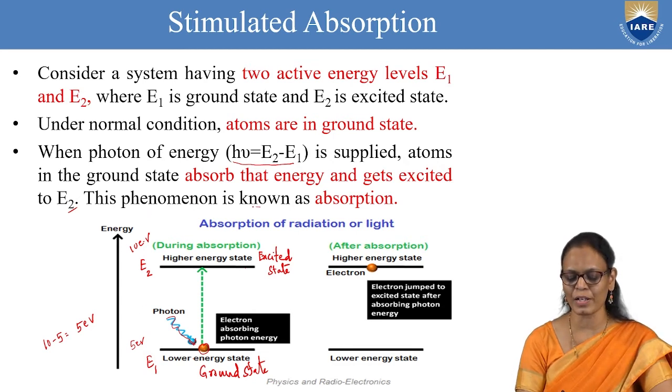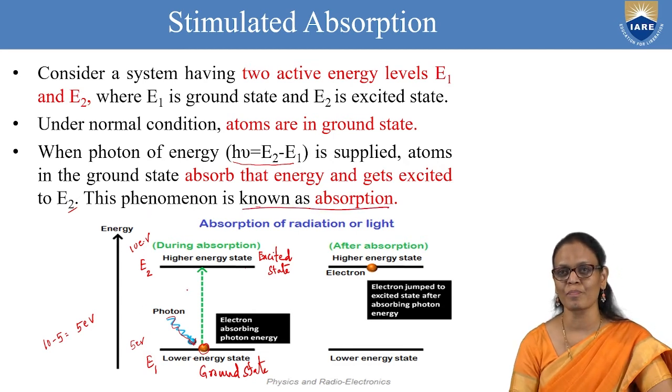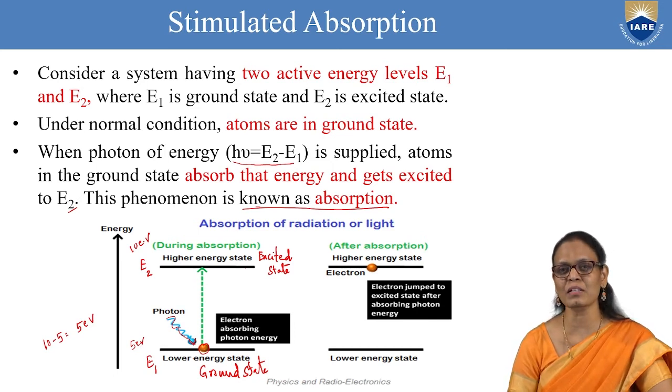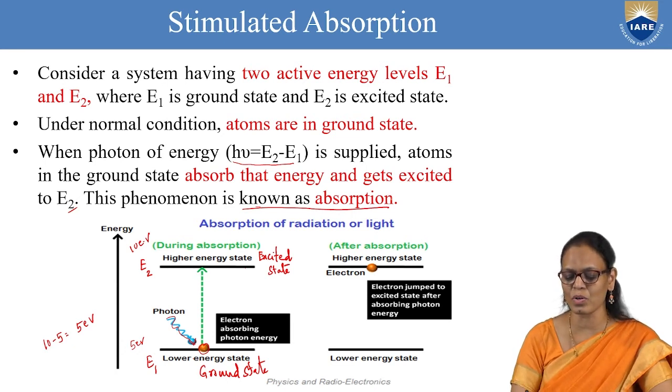And this phenomenon is known as absorption. It is absorbing the light energy and going to the higher energy level. And this process is by stimulation. Stimulation means we are supplying the energy externally. We are stimulating this atom to go to the higher energy level. So we also call it stimulated absorption.